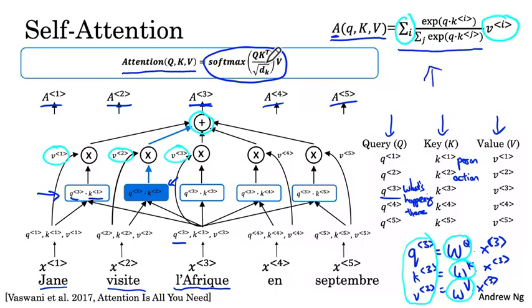The term in the denominator is just to scale the dot product so it doesn't explode. You don't really need to worry about it. But another name for this type of attention is the scaled dot product attention. And this is the one represented in the original transformer architecture paper, Attention Is All You Need, as well. So that's the self-attention mechanism of the transformer network.